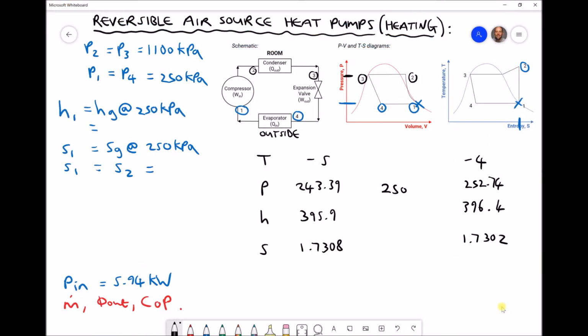Okay, so I've transferred our values from the thermodynamic properties document. We have the pressure, enthalpy and entropy corresponding with -5 degrees, and we have the pressure, enthalpy and entropy corresponding with -4 degrees. Now recall that we're trying to find the enthalpy and entropy when we have a pressure of 250 kilopascals. So we're going to use a linear interpolation process.